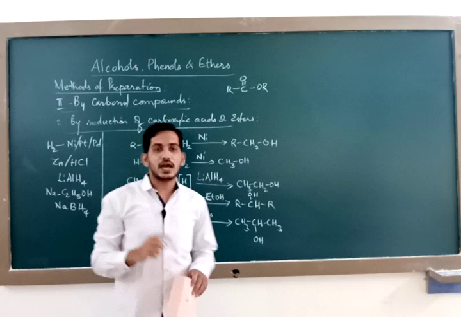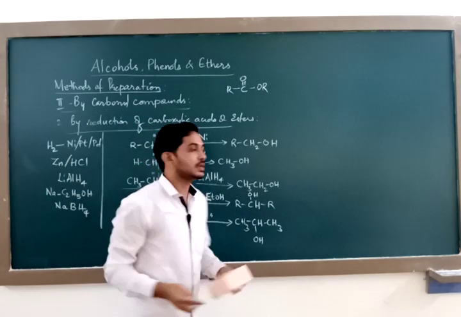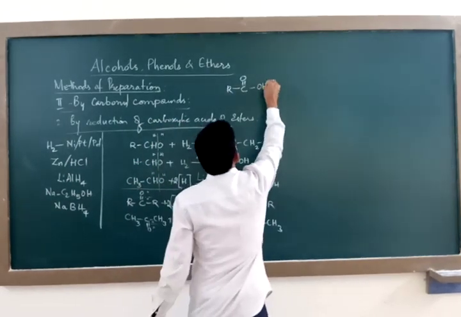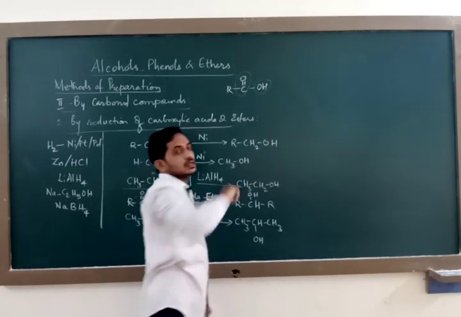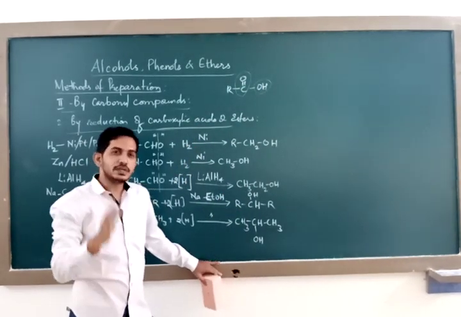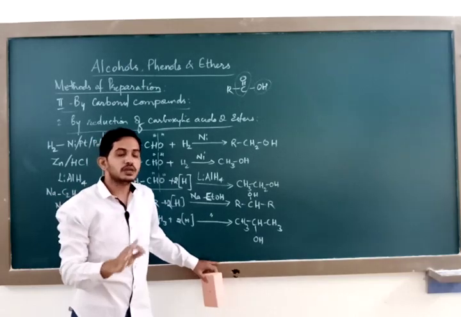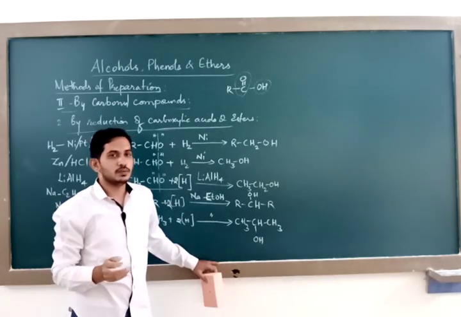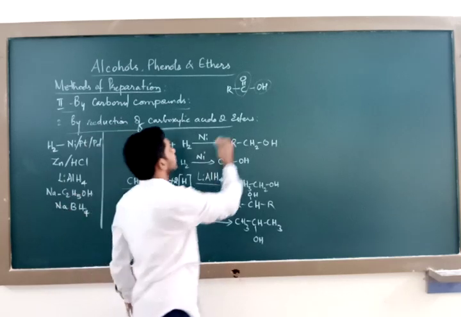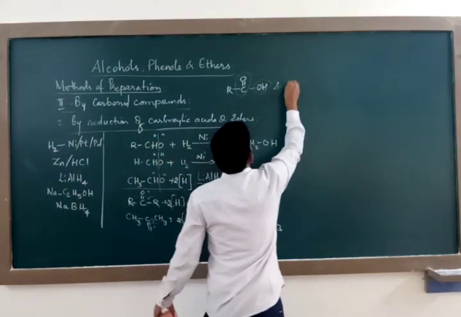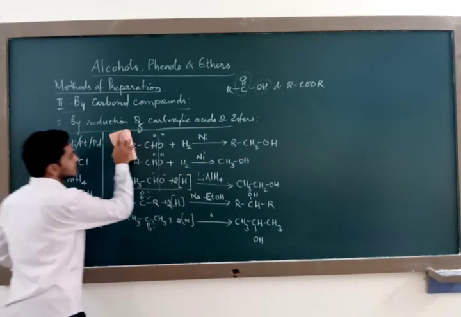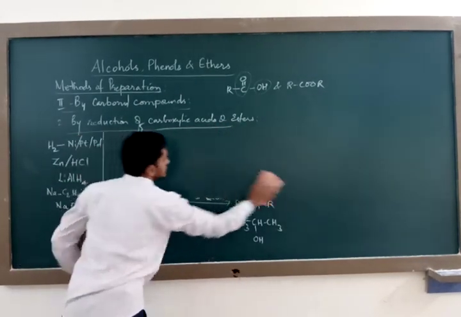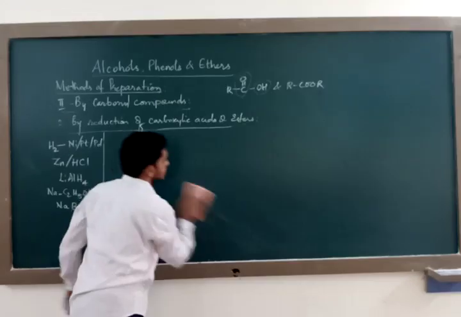So they too are carbonyl compounds, but the only problem is that these are bifunctional compounds. They contain a hydroxyl group as well as a carbonyl group. So sometimes a few people do not like to consider them as carbonyl compounds. No matter what, for our convenience, we shall include these as well as esters. So what happens when a carboxylic acid or ester is reduced?